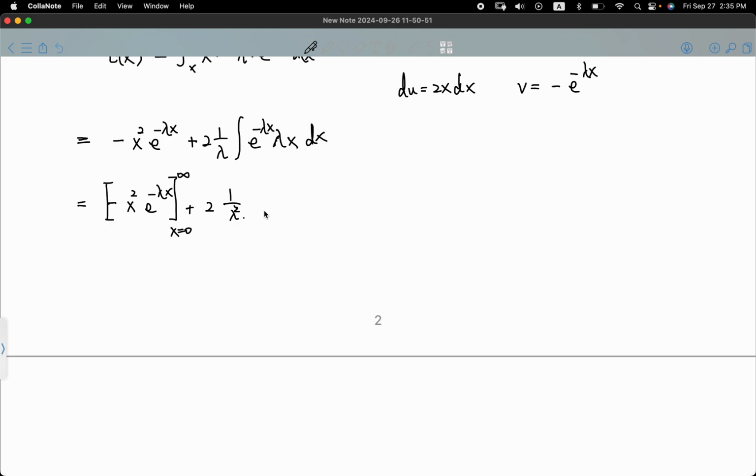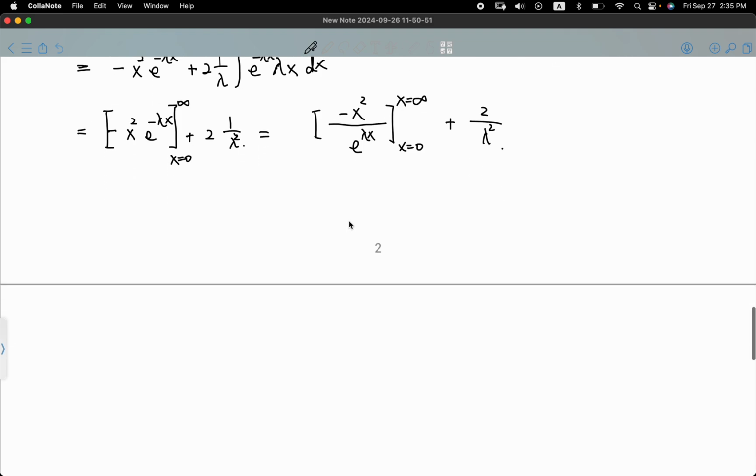Okay, so let's further rewrite this as a fraction, negative x squared over e to the lambda x, evaluated from x equal to 0 to x equal to infinity, plus 2 over lambda squared. Okay, so again, when you want to evaluate this limit going to infinity, you will also run into the problem that you have infinity over infinity.